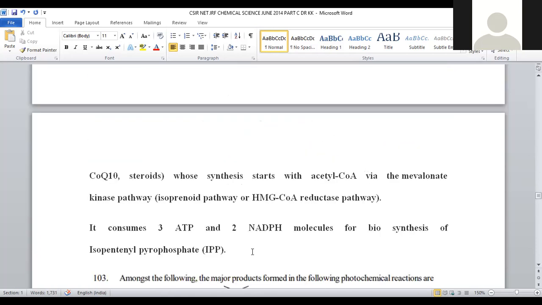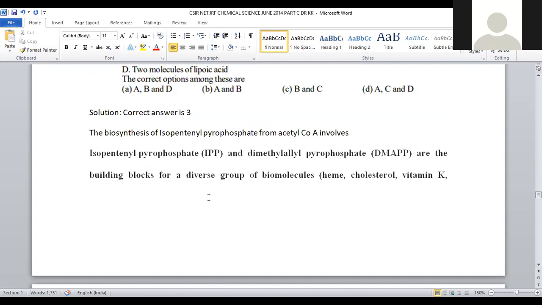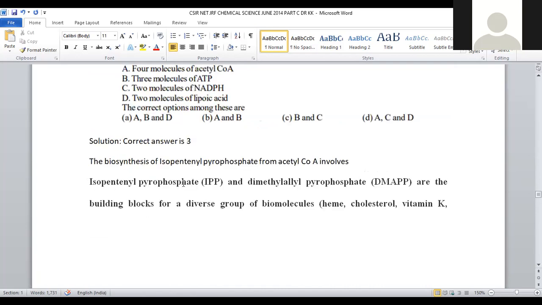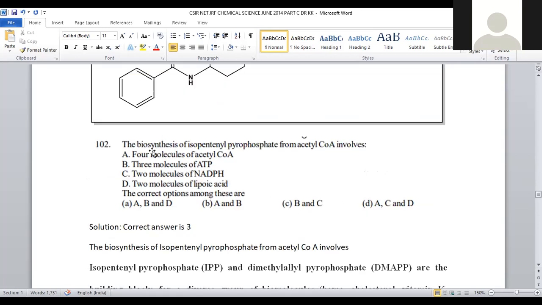The mechanism proceeds with the mevalonic acid pathway, and during the reaction, isopentenyl pyrophosphate and dimethyl allyl pyrophosphate are the building blocks of diverse groups of biomolecules. So what is the importance of its biosynthesis? Why do we have to synthesize this one?